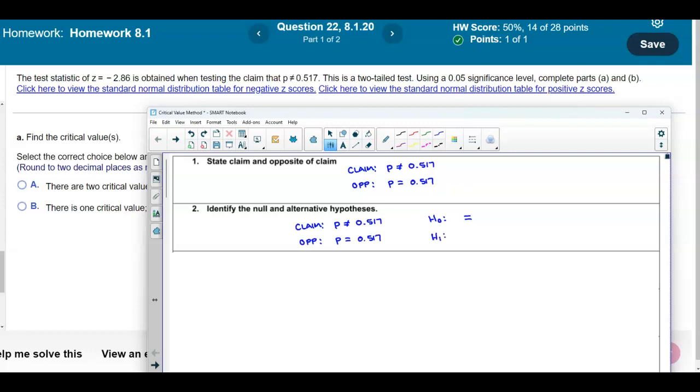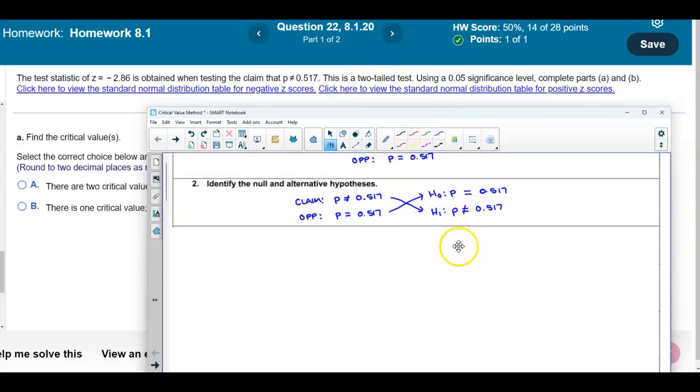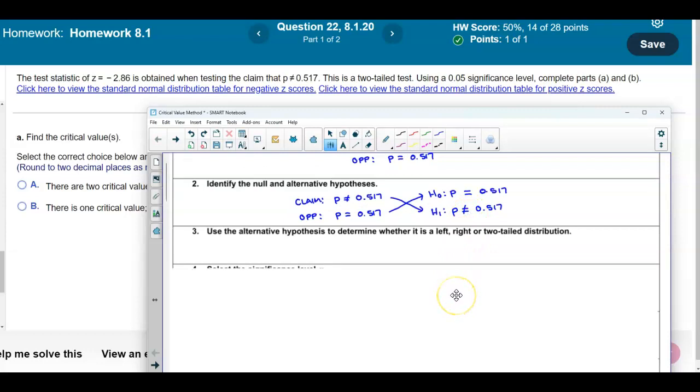The opposite has the equality, so P is going to equal 0.517 for the null, and the alternative is that P is not equal to 0.517. It's already been determined it's a two-tailed test, and the reason is that the alternative hypothesis has a not equals.